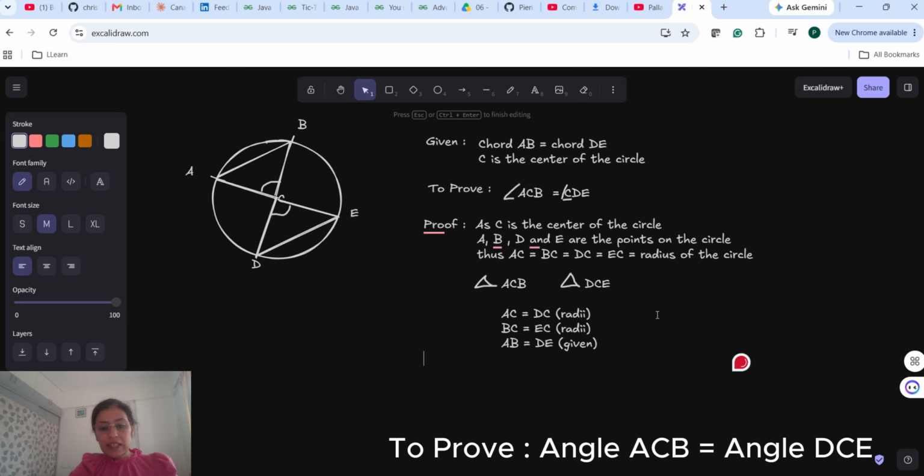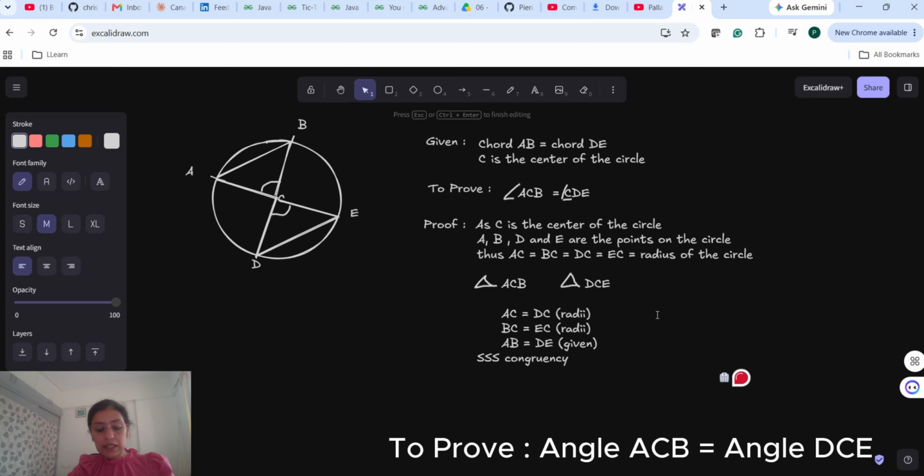So what do we see here? All the three sides of the two triangles are equal. The corresponding sides of the two triangles are equal. So what congruency property does it tell us? It reminds us of the SSS congruency.